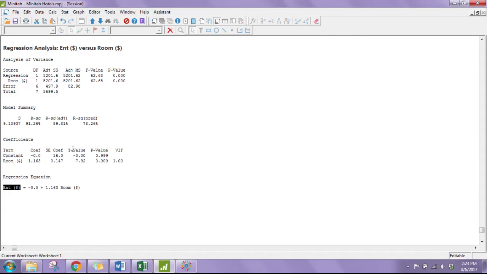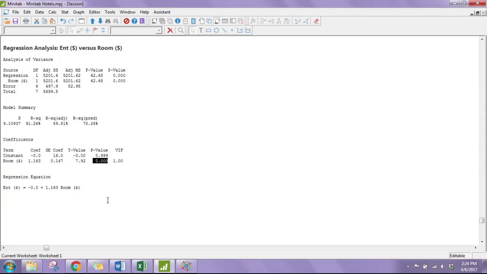If we look up at the table with the T values, the T-score that goes with using this predictor variable is 7.92. That's a very extreme T-score. Okay. If you look at the p-value that goes with that, it says 0.000.